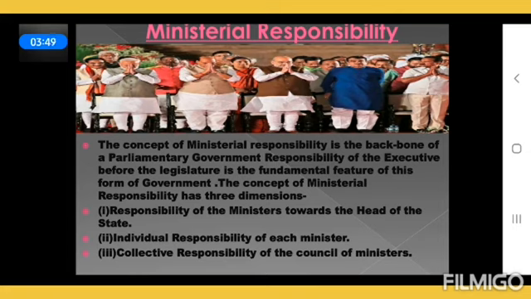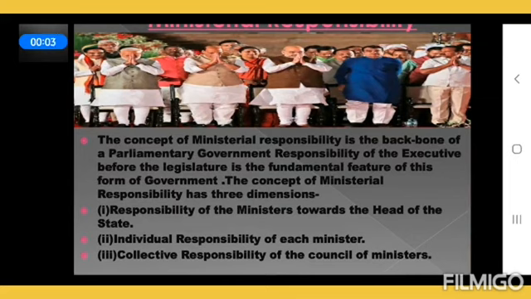Now the last one is collective responsibility, the collective responsibility of the council of ministers. The ministry, that is the council of ministers as a whole, is responsible to the legislature.